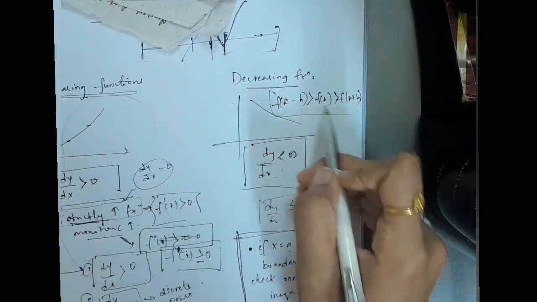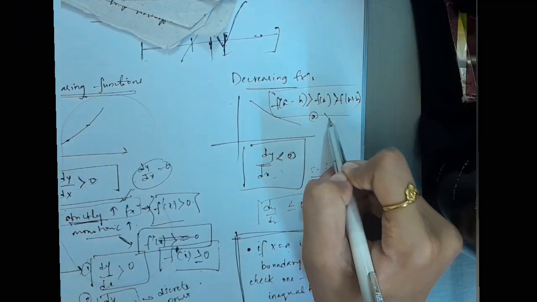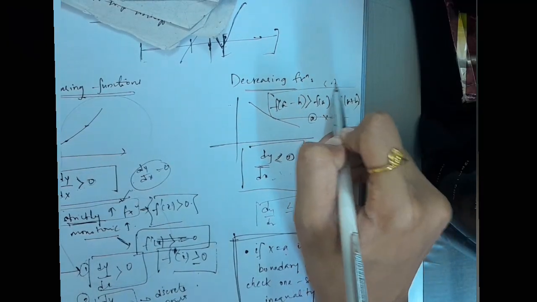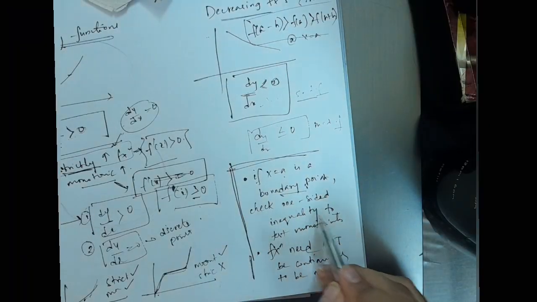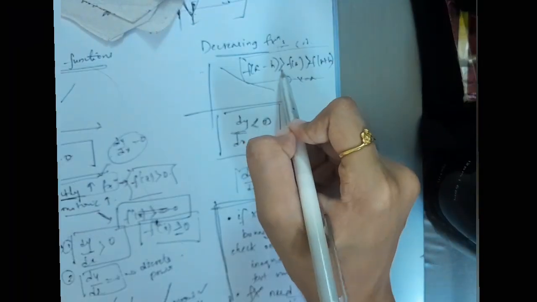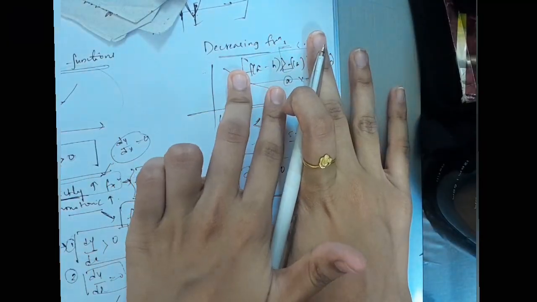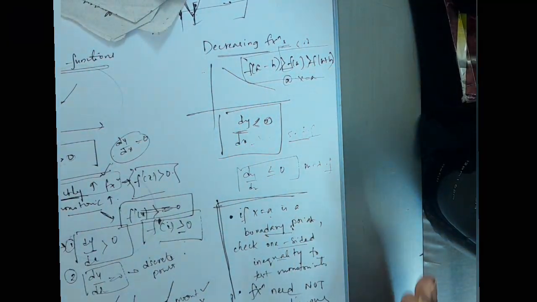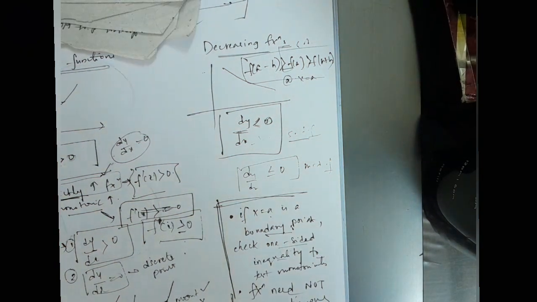In this case, you can say that the function is strictly decreasing at x equals a. However, if a turns out to be a boundary point, then you only check a one-sided inequality. So you either check this part of the inequality or that part, depending on which side is not closed, or rather is not a boundary.